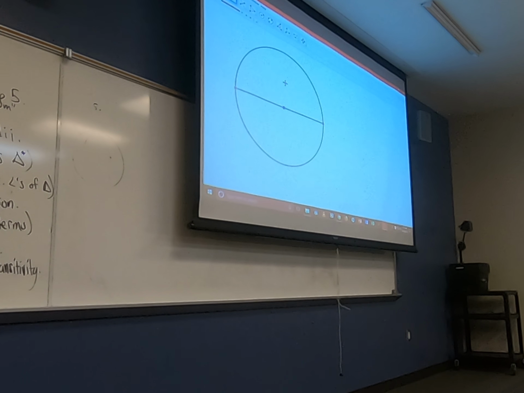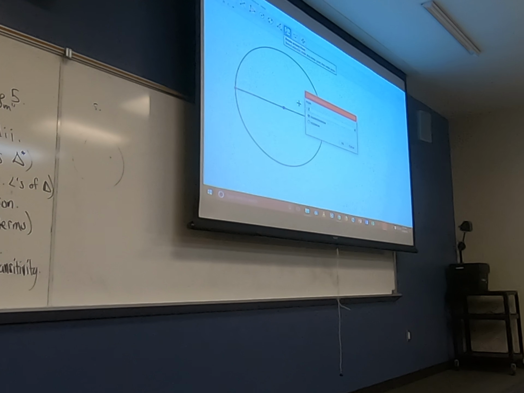Okay, now I want to construct a 12 degree angle, so I want to rotate this line. What happened? It didn't give me the right tool. It does that, doesn't it? So rotate around a point. So I want to rotate this line around this point, okay? And how far?